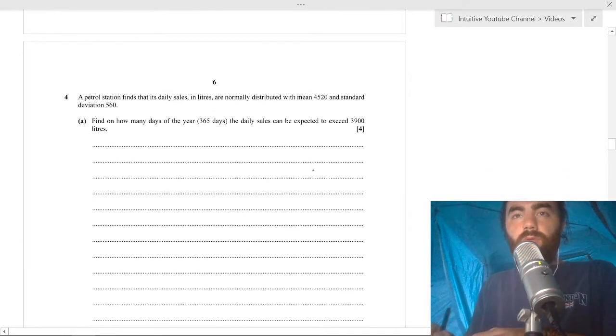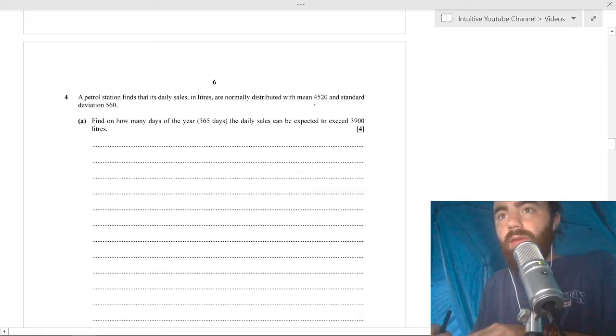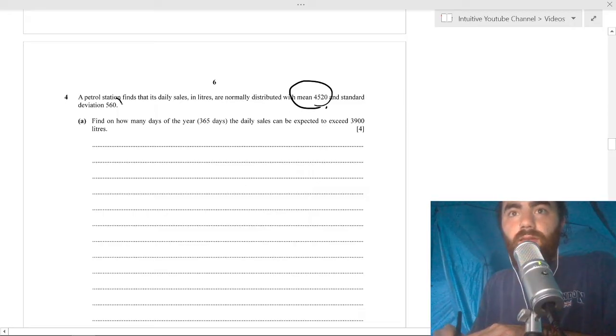Okay, so let's move to question 4, which says that a petrol station finds that the daily sales in litres are normally distributed with a mean of this and a standard deviation of this. Find how many days of the year the daily sales can be expected to exceed 3,900 litres.